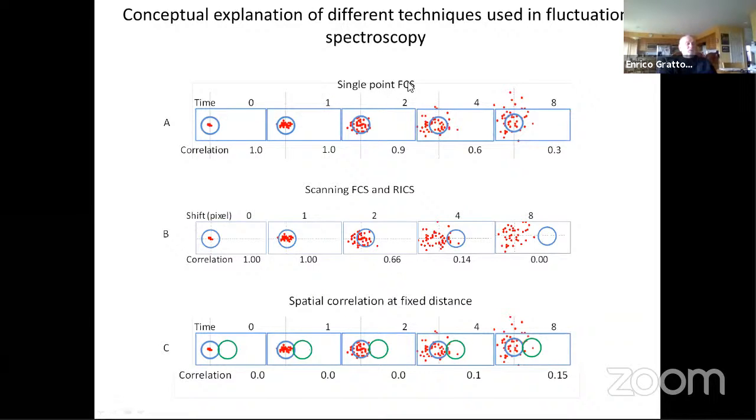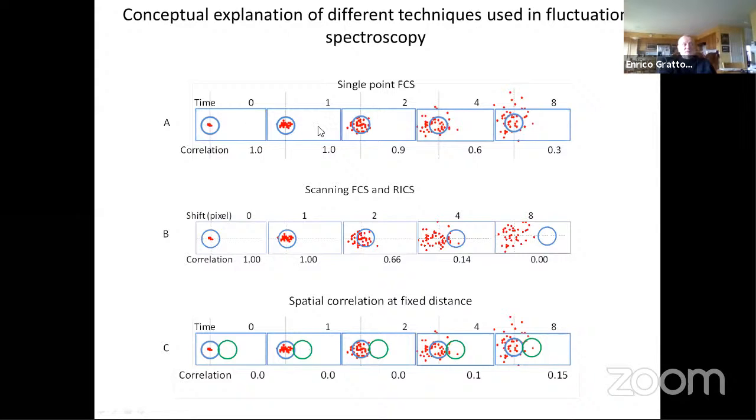When we do single point correlation, we maintain the point, which is indicated by this blue circle, at a given time. If we have a certain number of molecules at that time, as a function of time the molecules will leave that volume. If we correlate that time with that time, we will get exactly the same, because the same molecules are in the same volume.